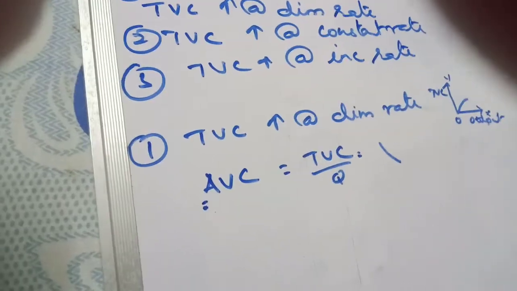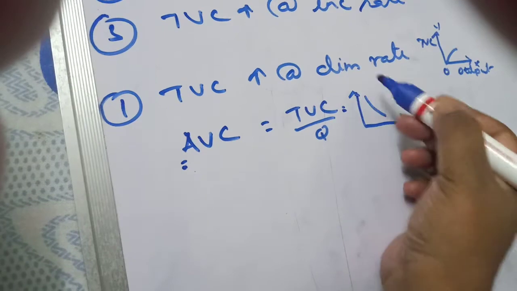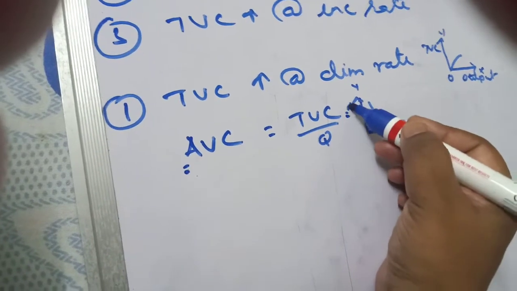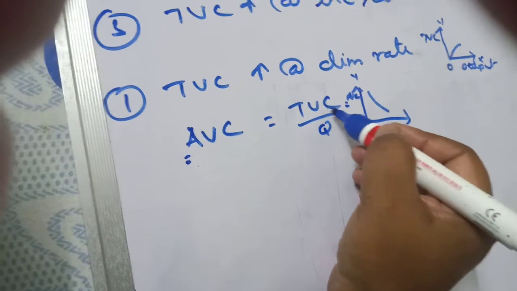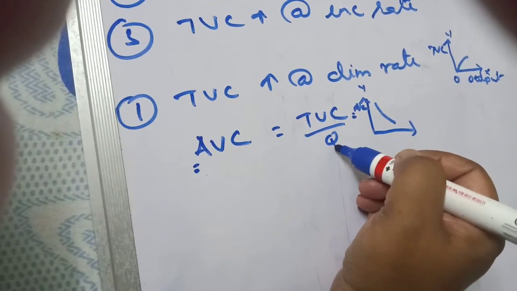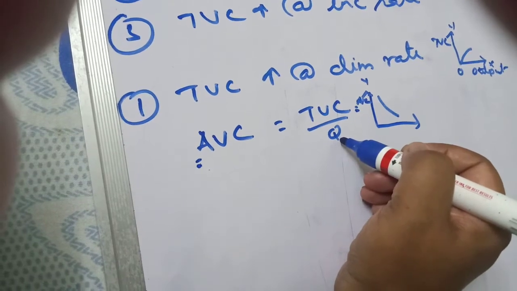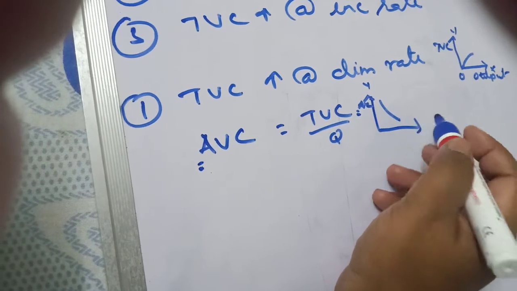So your AVC is going to be like this in the first phase. Why is this AVC falling? Because the increase in TVC is less than the increase in the output, which is at the denominator. So the resultant average will fall.